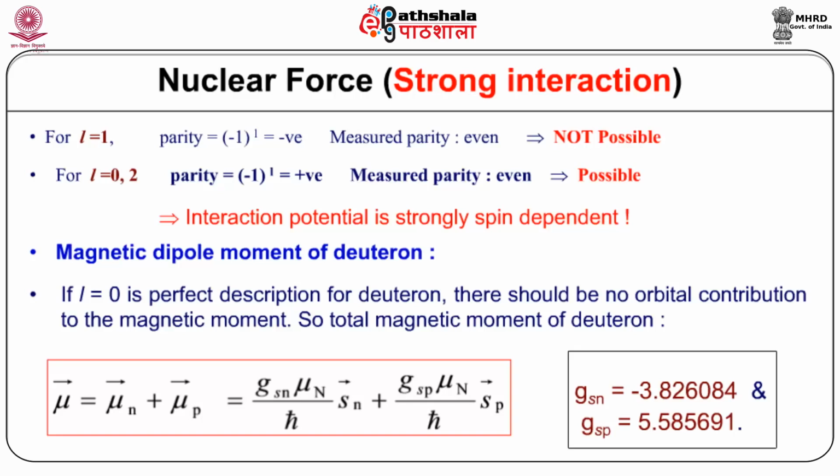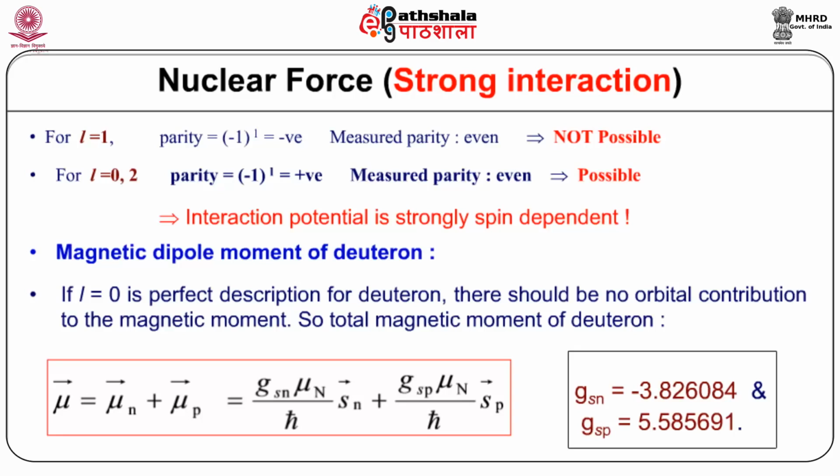Measured parity is even, so possible. It means that because the experimental value of parity for the deuteron is found to be positive, L = 1 is not possible, and L = 0 and 2 are possible. So the interaction potential is strongly spin dependent.